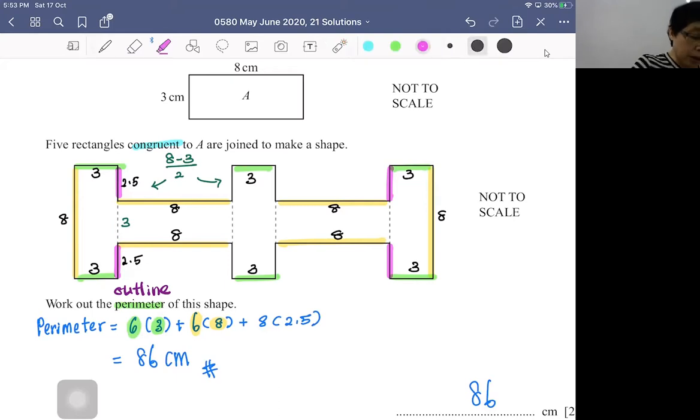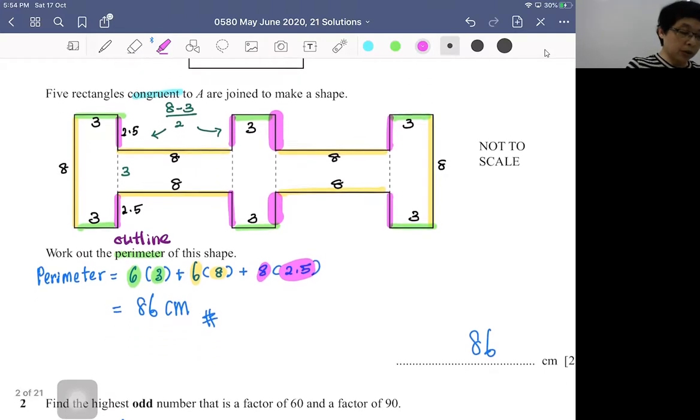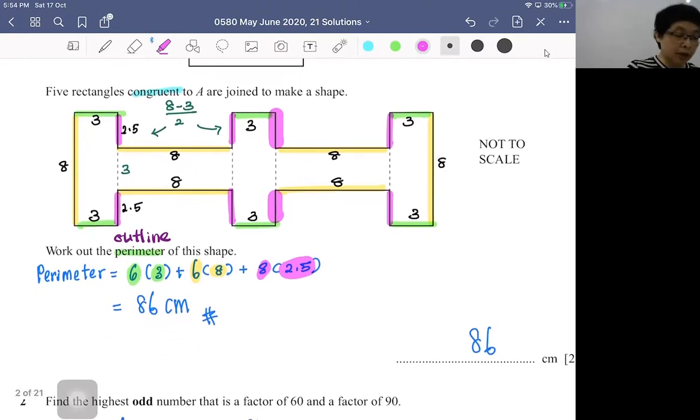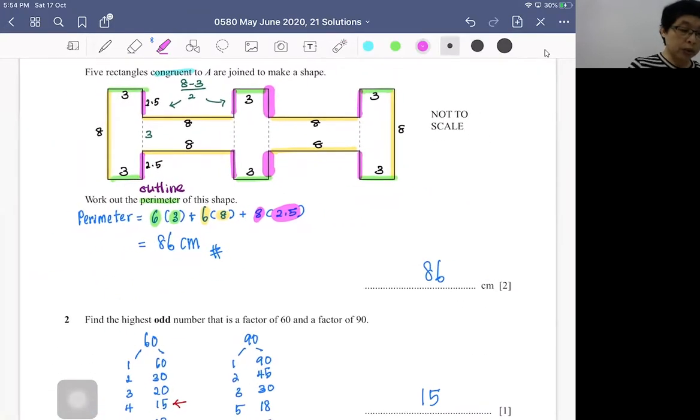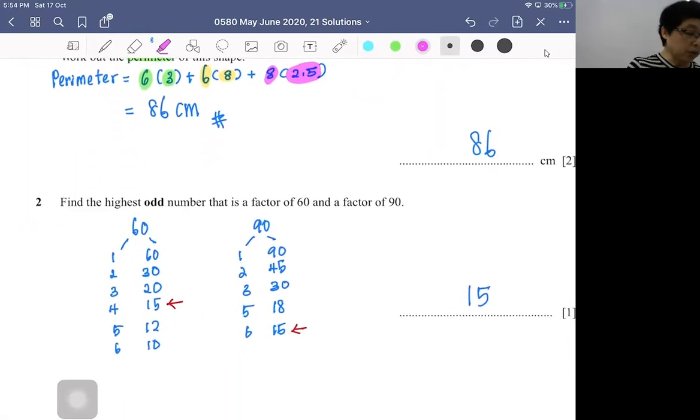And then we carefully count the 2.5 sections: 1, 2, 3, 4, 5, 6, 7, 8. Punching all this into the calculator, you will comfortably come to the conclusion of a total of 86 centimeters. Now we move on to question number 2.